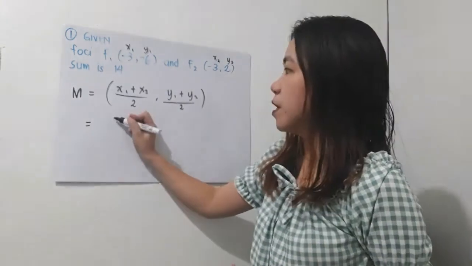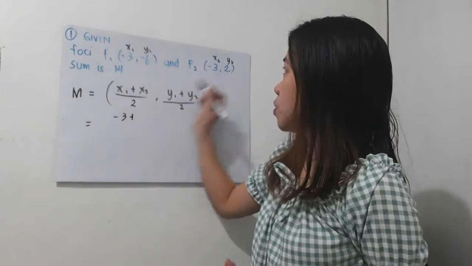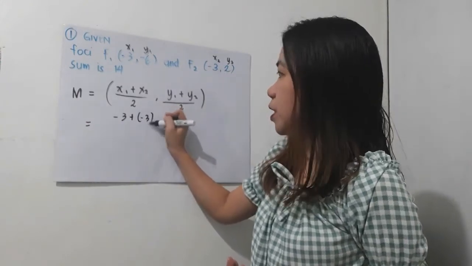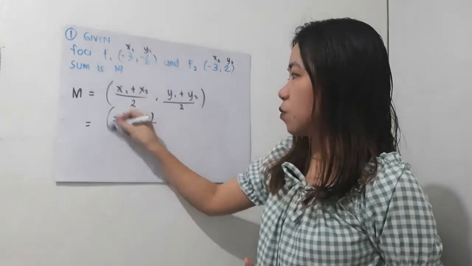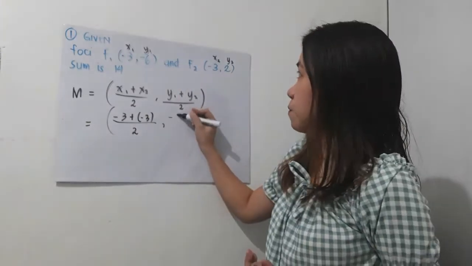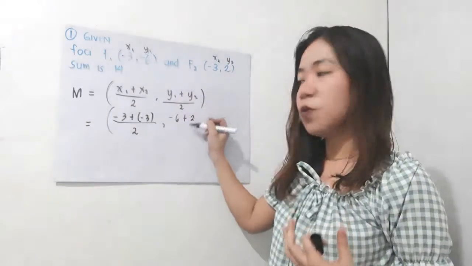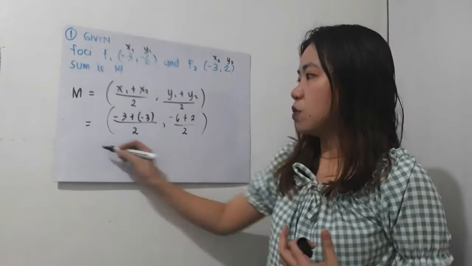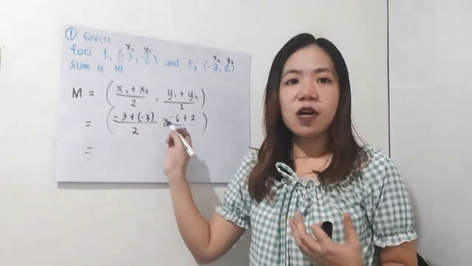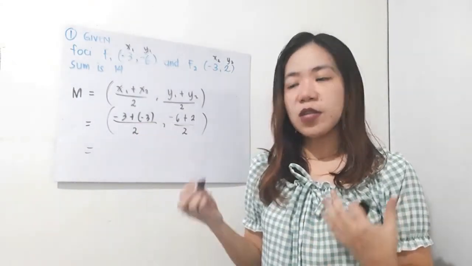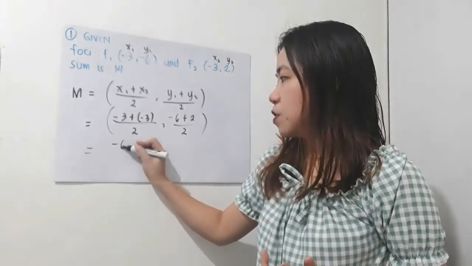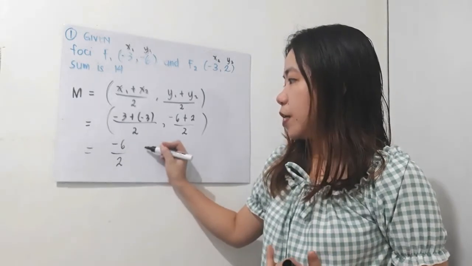So we have (-3 plus -3) divided by 2, and (-6 plus 2) divided by 2. Simplifying, as these are like signs, -3 plus -3 is -6 divided by 2.